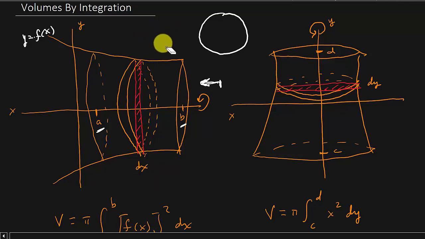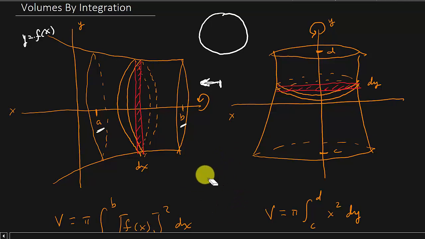So it's kind of like you're finding the volume of a cylinder. How do you find the volume of a cylinder? Well, it's the area of the base. Let's just draw a cylinder. What's the volume of this cylinder? It's the area of this base, which is the area of a circle, times the height, right?